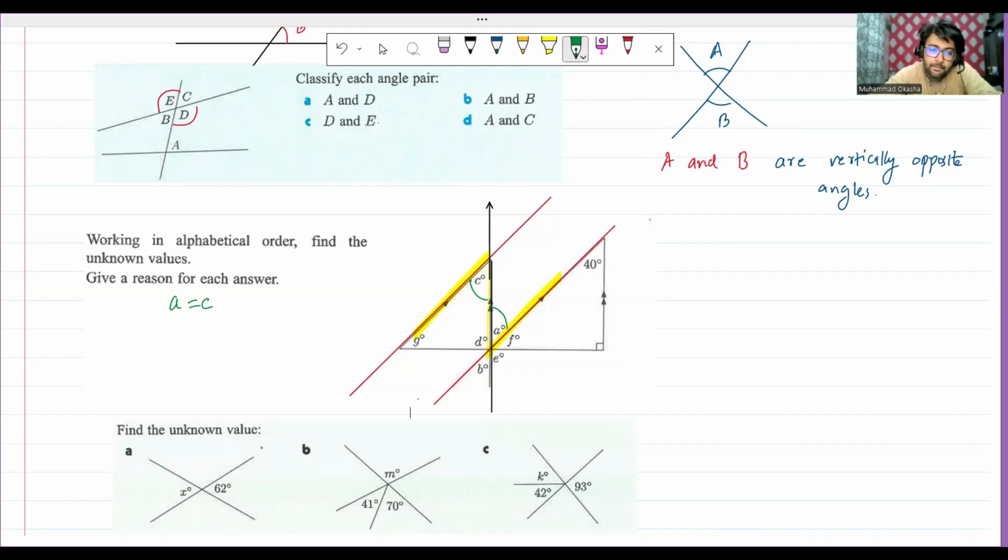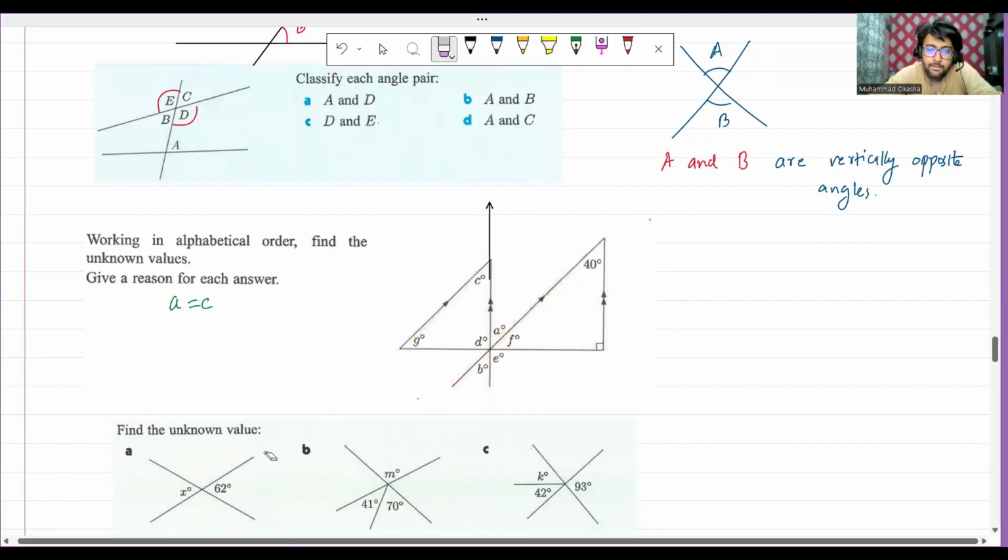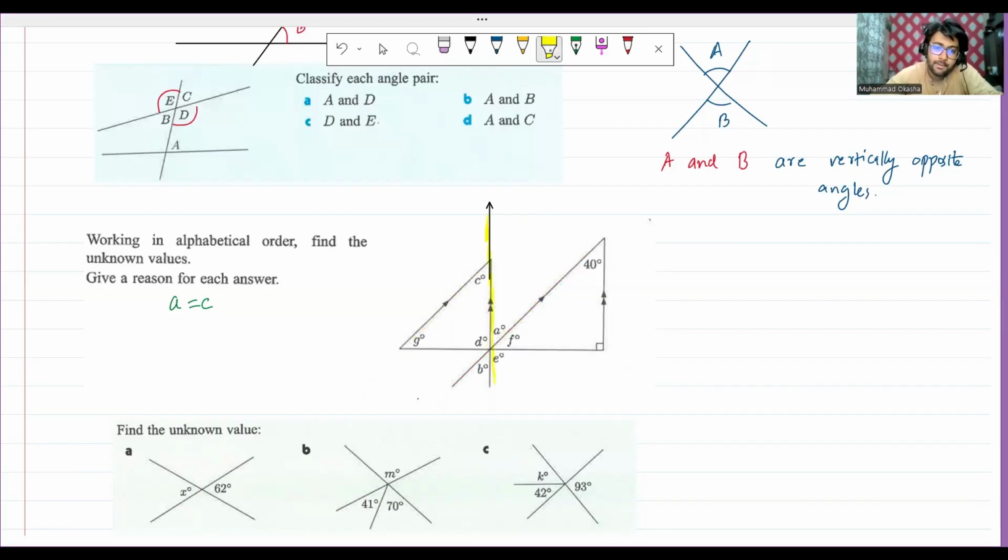And these are also parallel lines. The double parallel lines that you see over here, these and these, they're also parallel lines, right? And this is a transversal that is cutting through them.